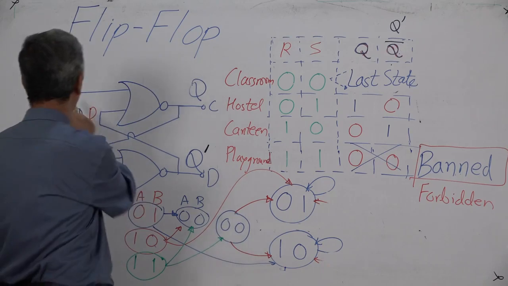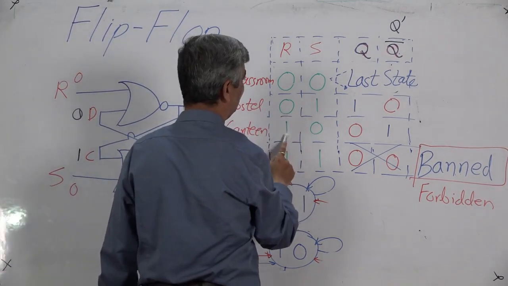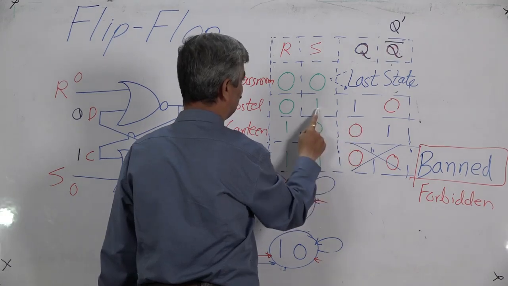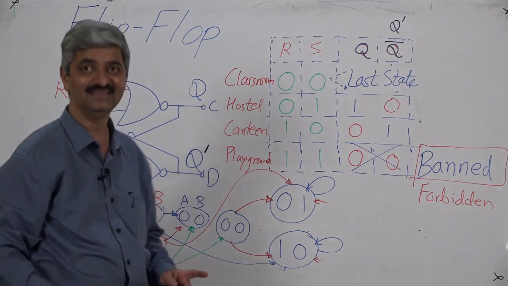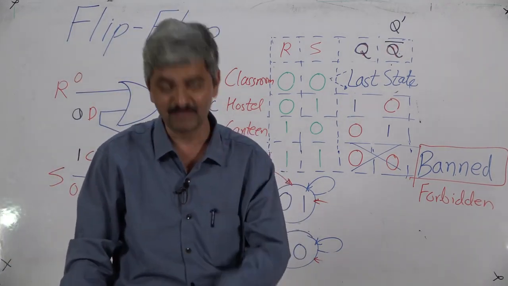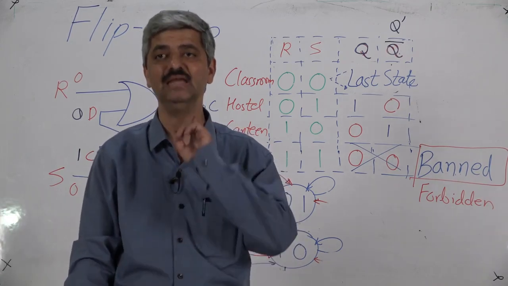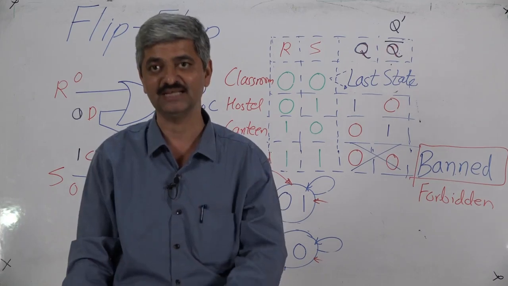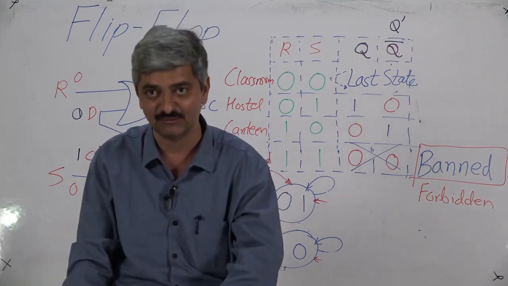So when R equal to 1, R is resetting. R equal to 1 makes Q equal to 0. S equal to 1 makes Q equal to 1. So S equal to 1 sets the flip-flop. R equal to 1 resets the flip-flop. S equal to 0 and R equal to 0 maintain the previous state of the flip-flop, that is called memory. So the flip-flop can remember the previous state.